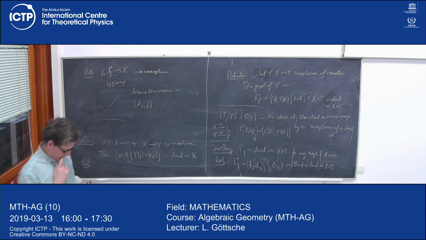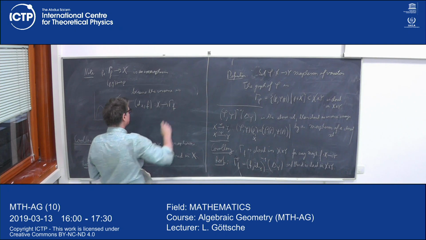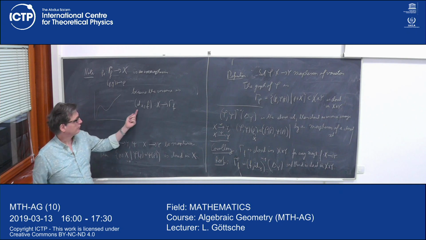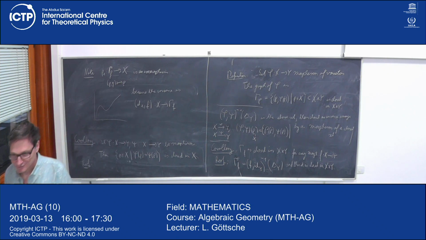Obviously this will map precisely to a graph. It will send a point P to (P, f(P)). It's all very obvious, and so you can see that these two maps are inverse to each other.